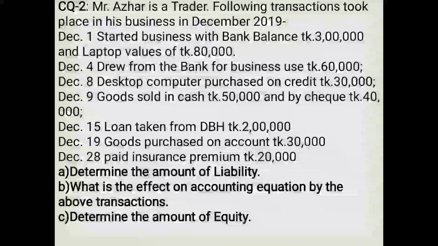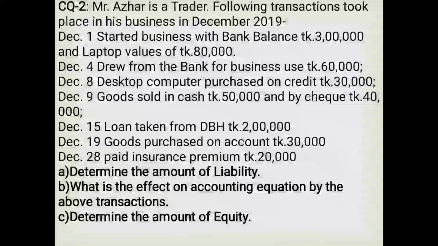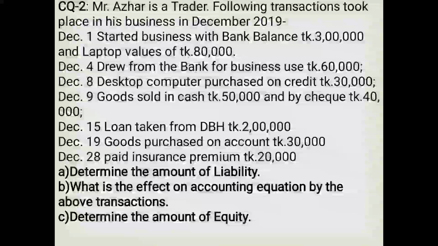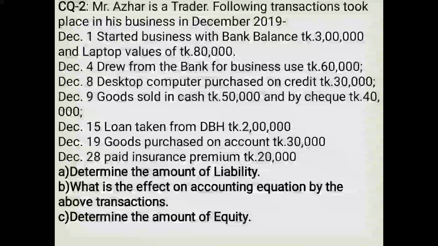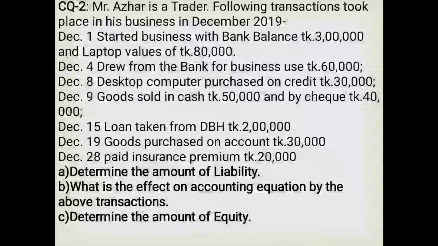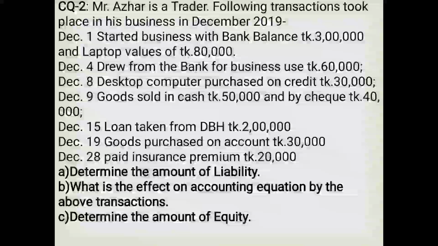Loan taken is one kind of liability. Another one, December 19, goods purchased on account, that is from another person or institution on credit. So totally three transactions are related to the amount of liability: December 8, December 15, December 19.